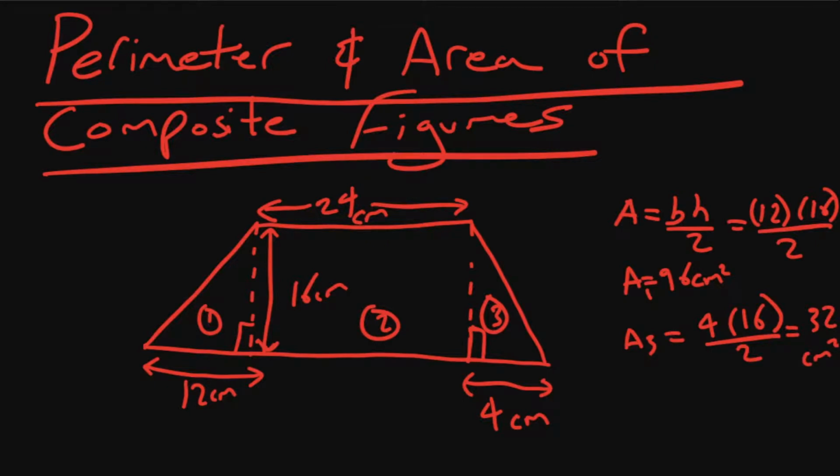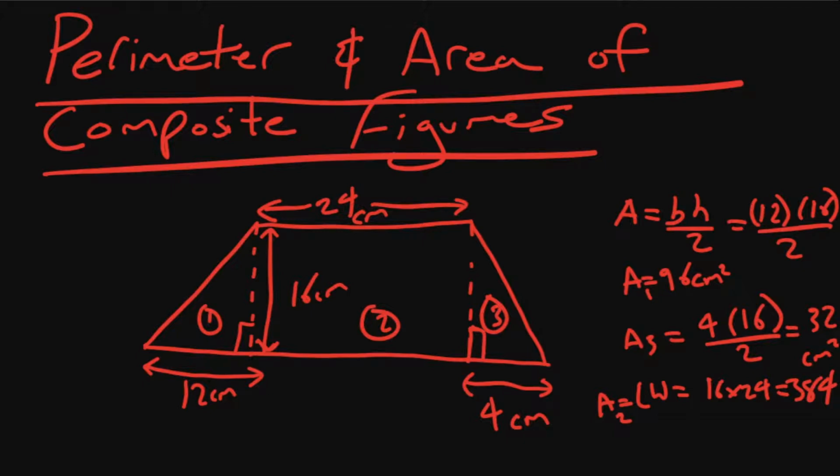And then the middle part, number 2, is the easiest of them all because that's simply a rectangle. So we can just do length times width. So 16 times 24 equals 384. That's the second area.